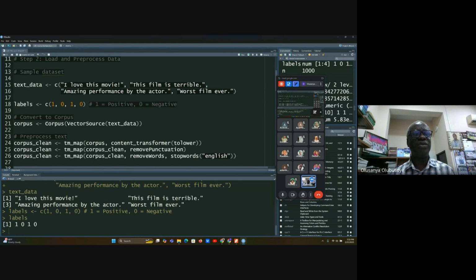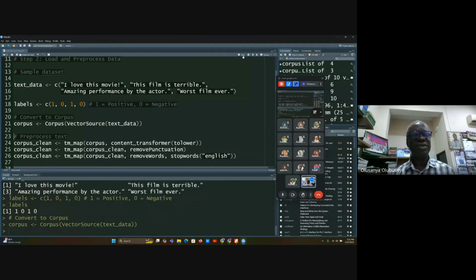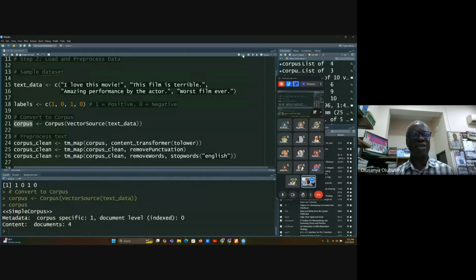So you use the corpus function and then use the vector source argument. So you can run this now. And if you want to see what is stored in corpus, you can see it. This is what is stored, telling you that you have 4 documents in your corpus.